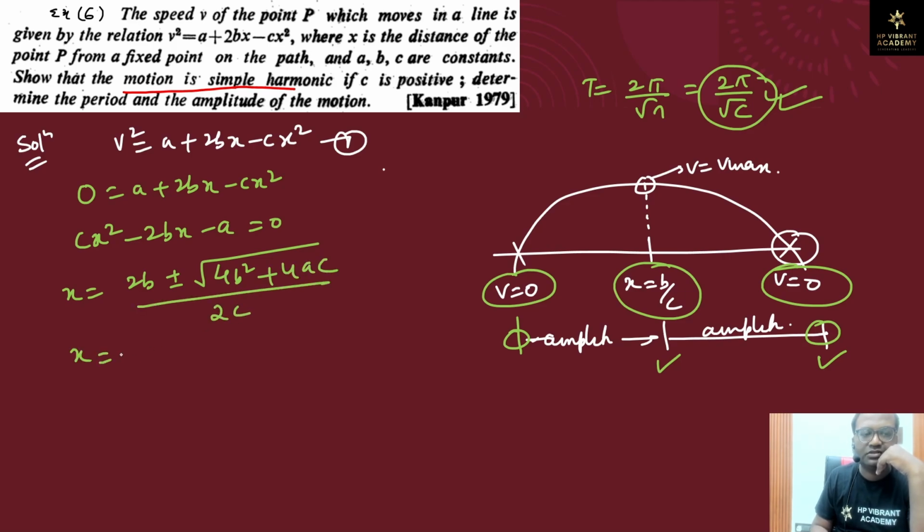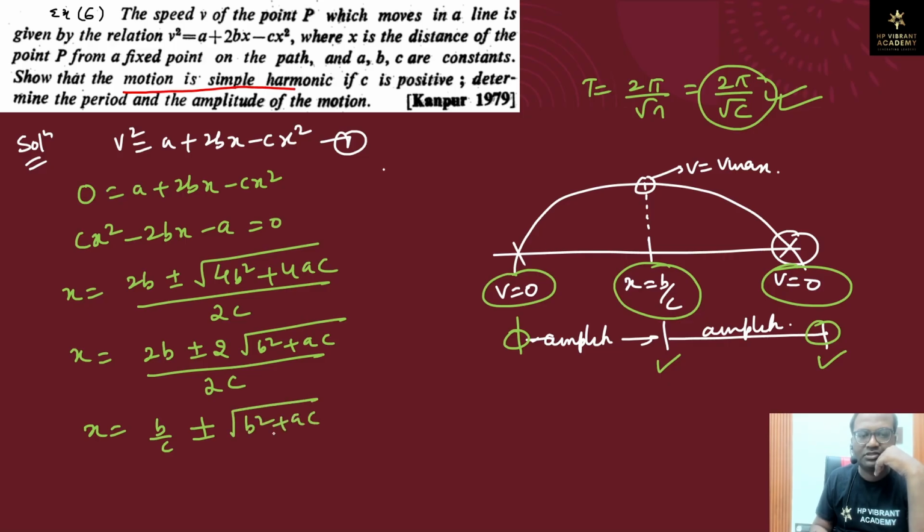So x is equal to 2b plus minus 2 root under b square plus ac upon 2c. So we have x is equal to b upon c plus minus root under b square plus ac upon c.